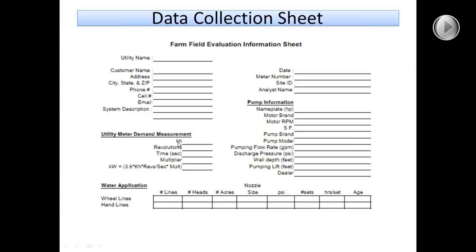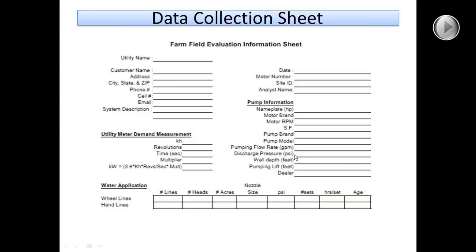There's a K sub H value, usually printed on the front of each meter. And then the old meters had a rotating dial. You may have seen that. It would just rotate, and it had a painted strip on it, usually black or red, where you could count the number of rotations based on that strip. The new meters have a digital dial, and you just basically time.